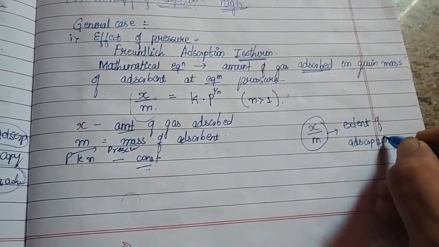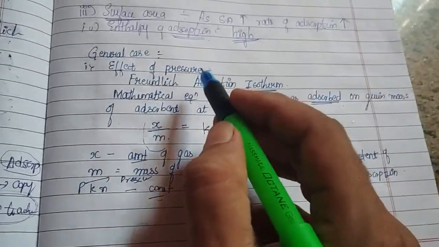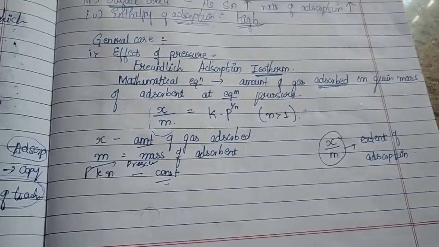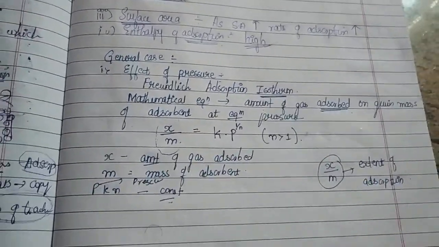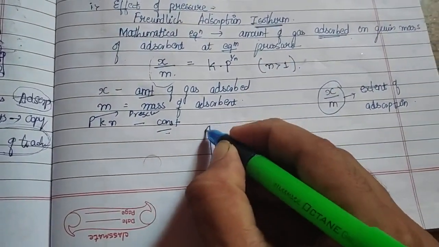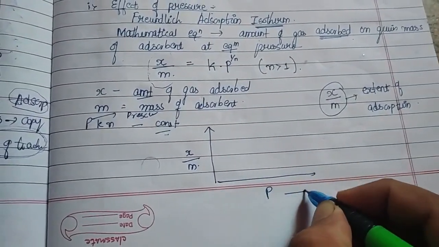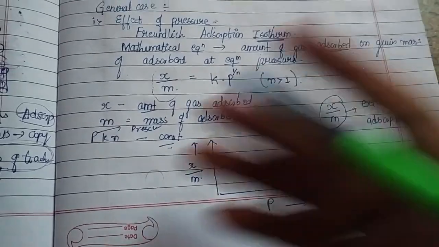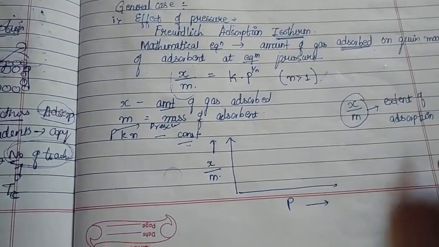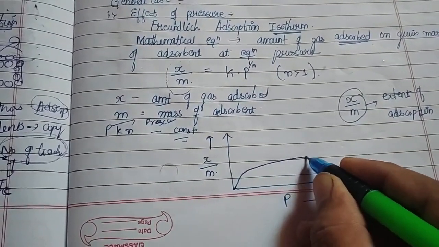Now what we are going to see is how pressure affects adsorption at different temperatures. So let me plot a graph of extent of adsorption with respect to pressure. First, I measure the extent of adsorption at different pressures at a temperature of nearly 273 Kelvin, and I get my graph in this way.